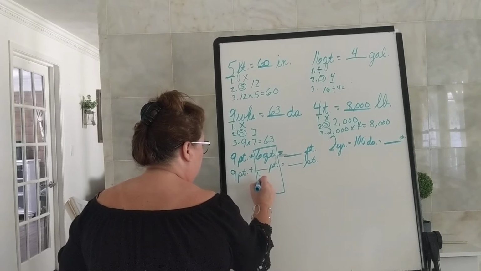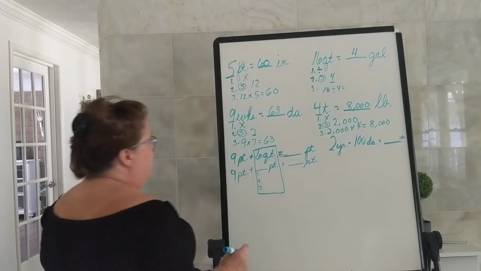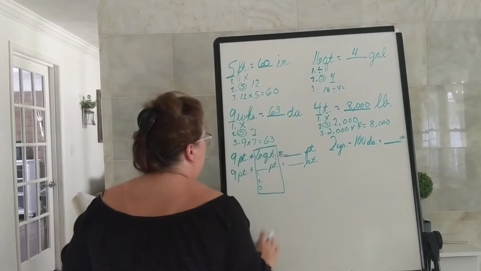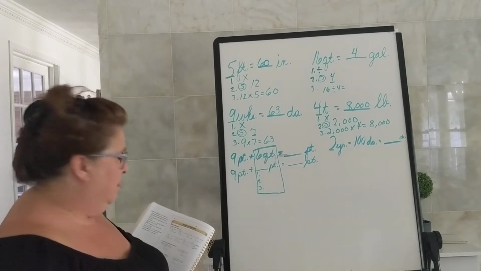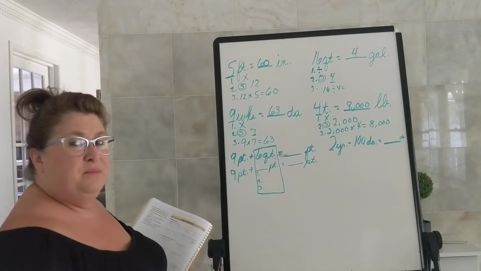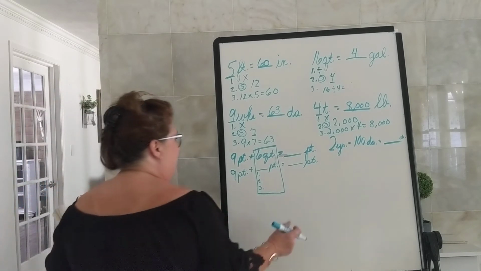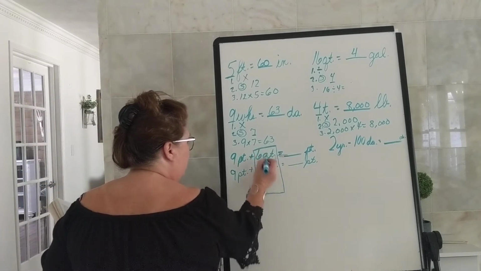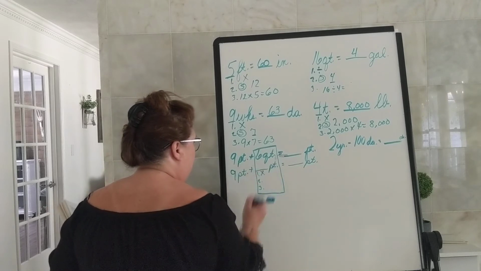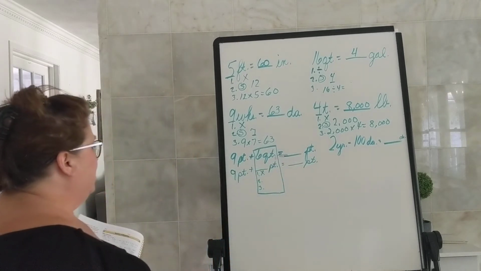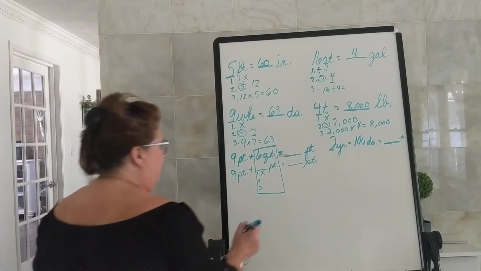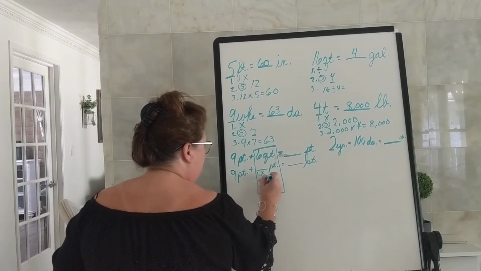We'll put our 1, 2, 3 in our box. And now it's just like it is up here. Quarts to pints, larger to smaller or smaller to larger? 2 cups in a pint, 2 pints in a quart, 4 quarts in a gallon. So we are going larger to smaller, so we will multiply. And our special number, how many pints are in a quart? That is 2.